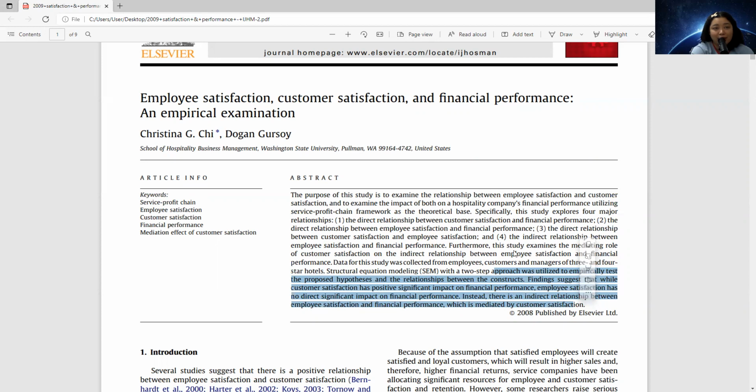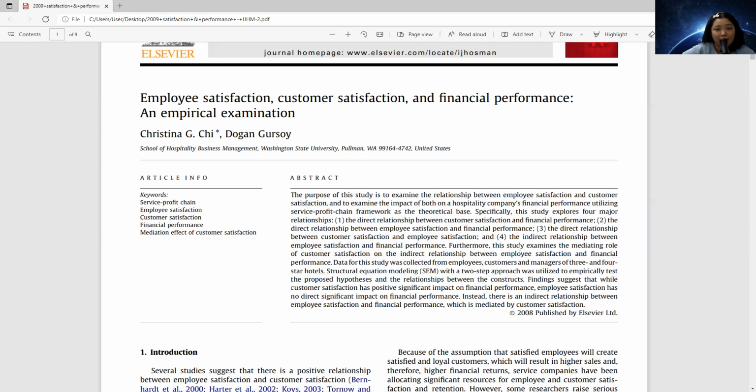Then I might look at the result in the abstract. So I will read the abstract to get a sense of whether it's something that I should be writing about, or to get a sense of the overall study.